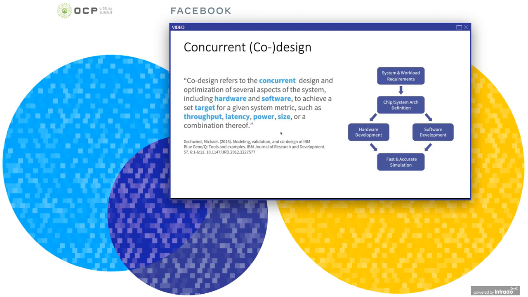And the goal of co-design is to achieve a certain target metric, such as throughput, latency, or power. We often start with system with specific requirements and workloads. We design our chip or a system architecture. We develop software and hardware in parallel and deploy them together, iterating until we are successful.